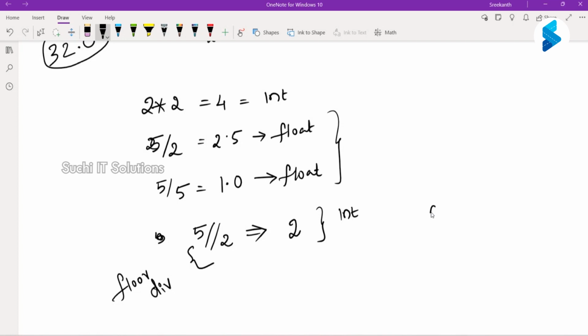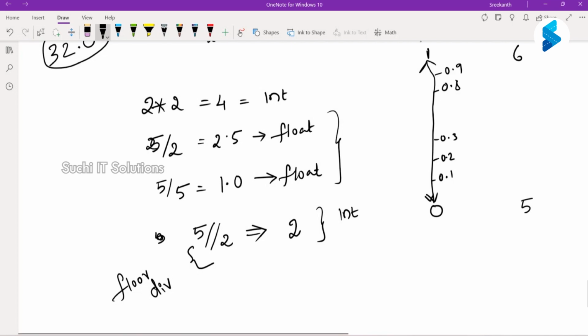So I have 0 and I have 1, or like I have 5, I have 6. So between 0 to 1, how many data points might we get? It is like 0.1, 0.2, 0.3, and so on till 0.8, 0.9, and then 1.